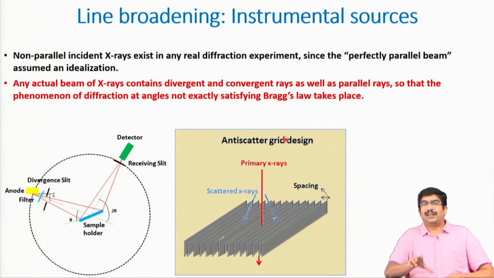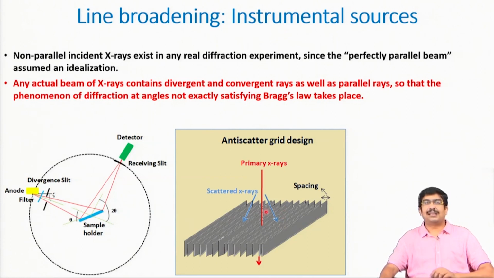It will only be satisfied for a parallel beam with a particular lambda value, but for divergent or convergent beams, there will be some intensity at non-Bragg angle conditions, and that finally results in an increase in the width of the X-ray diffraction peaks. Normally, we rectify this by using special attachments known as anti-scatter grids.